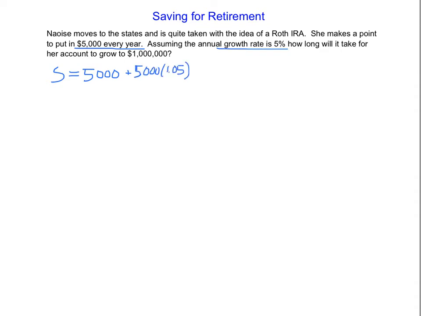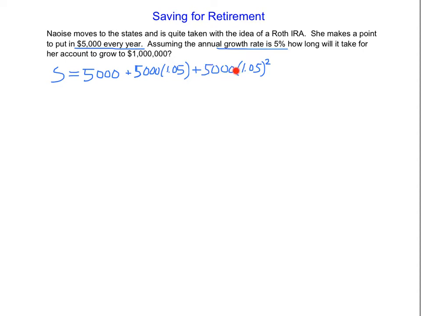So you can think about this as the original year. That first input of $5,000 has grown by 5%, and then at the end of that first year, we put in another $5,000. Then another year passes, and we put in another $5,000.